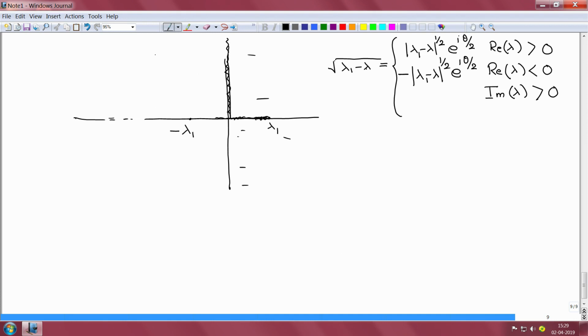That means in this quadrant. That is why the cut. So from here to here we have a jump. That is why the cut, the sign change has occurred.